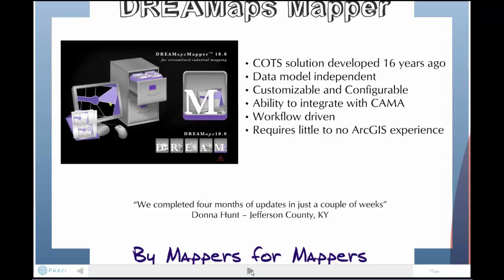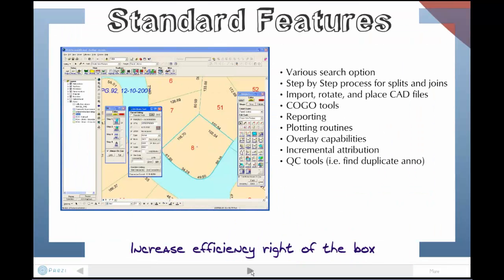For those of you that don't know, we have for a long time been doing parcel mapping ourselves, from paper maps onto digital configurations. Some of the standard features, the search options, you'll see all of these. There's a step-by-step process for doing splits and joins. You also have the ability to import CAD drawings from multiple types, lots of COGO tools.